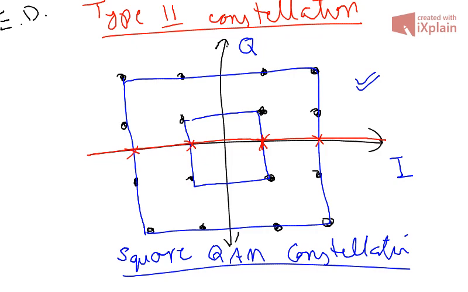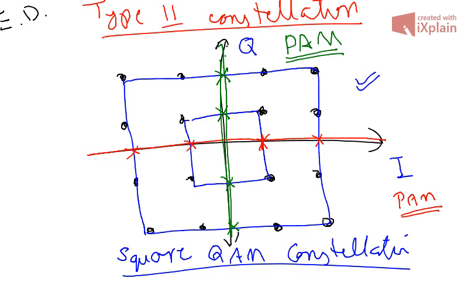So the I channel is actually PAM modulated. Similarly, if you concentrate on the Q channel, which is this one, again you have just 4 amplitudes. So the Q channel is also a PAM modulated channel.